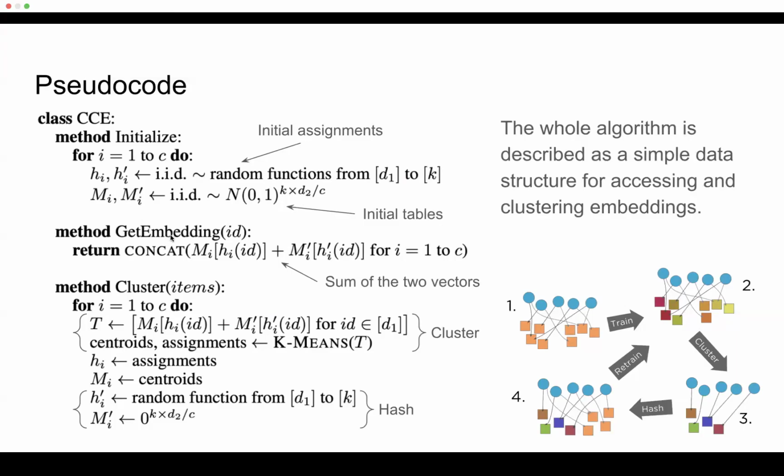And then whenever we want to get one of the embeddings, we just, again, here, maybe you just ignore the concatenation part. The most important part is that you look up the ID with the first hash function in the first table and the second hash function in the second table, and you add them together. So it's very simple, very fast.